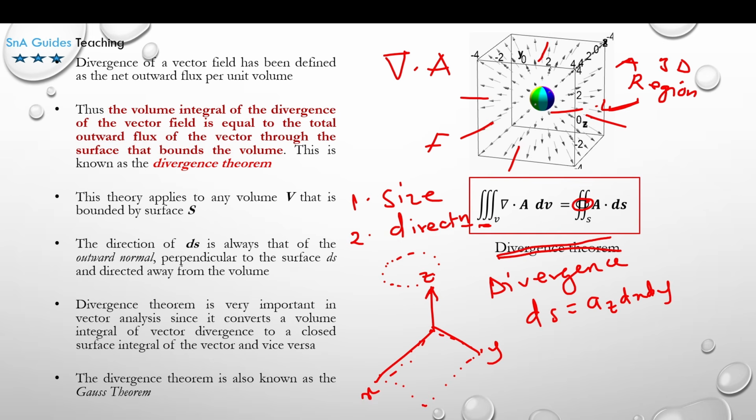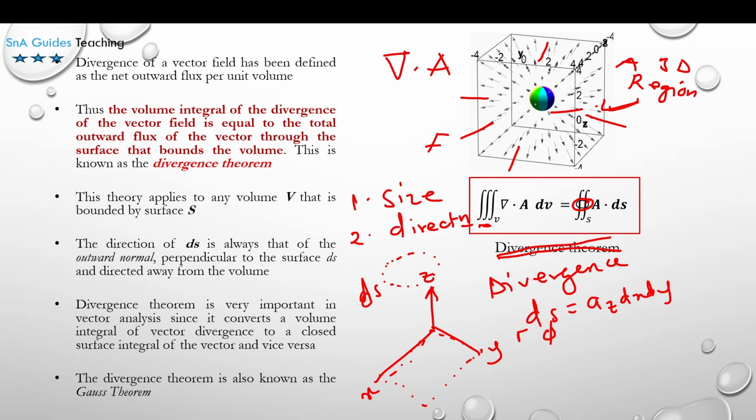In cylindrical, if the dimensions of the surface dS are r and phi, then obviously the direction is going to be in the z direction. So for dS, anytime you consider two dimensions of the coordinate, the direction is always the other. If I consider x and z, the direction is going to be along the y-axis, right?